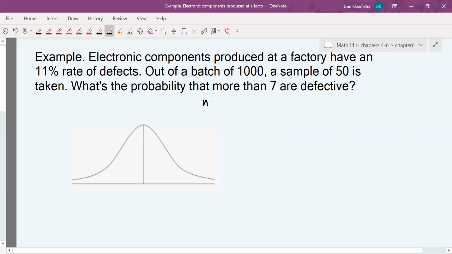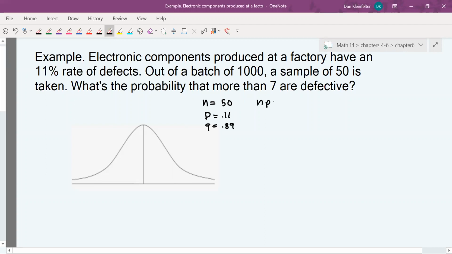So n is 1,000. No, actually our n is 50. And then our p is 0.11, and our q is 0.89.